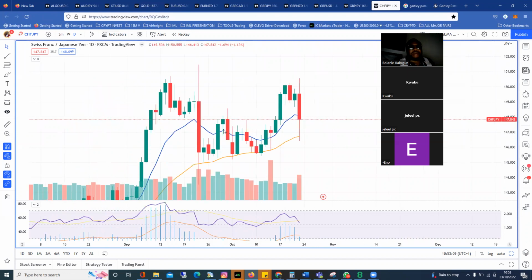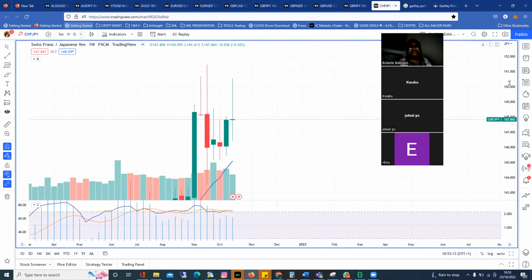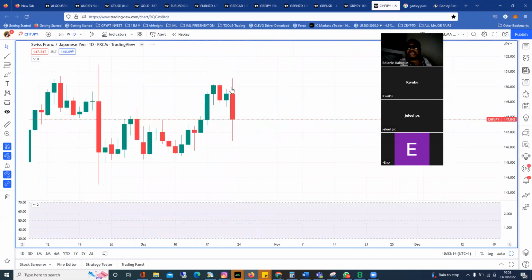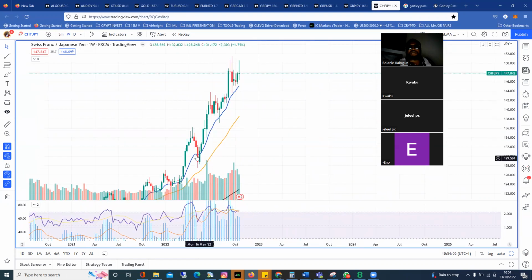So just some idea at the back of the price. So we can really say that the price is going down until we start to break some key significant lows. Days like this do exist in the market, and that's what happened because we have the intervention from the Bank of Japan.